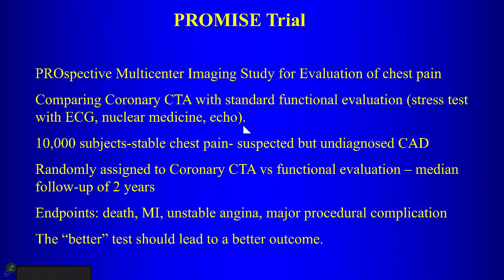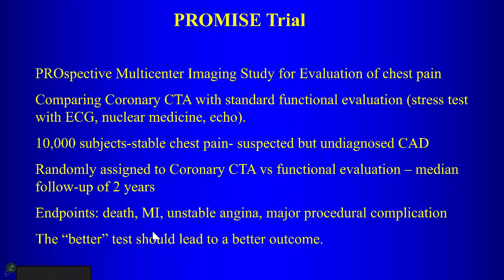So they compared the degree of stenosis you can assess on coronary CTA with functional evaluation: stress test, nuclear medicine test, stress echo, etc. There were 10,000 subjects in this study, with stable chest pain, who had suspected but undiagnosed coronary artery disease. They were randomly assigned to either coronary CTA or functional evaluation, with a median follow-up of 2 years, and the treatment for those patients depended on the results of these studies.